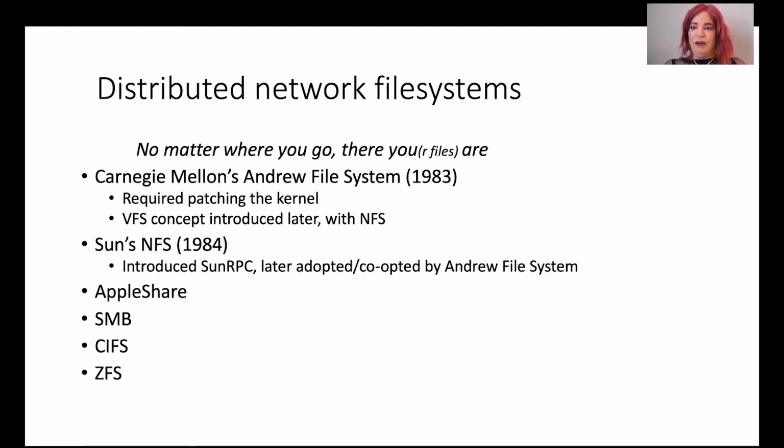And that would let you plug other file systems other than the basic local file system into your operating system kernel. AppleShare came along for Macintoshes, which weren't true Unix machines like they are now at the time. Windows got SMB, server message block, and then later CIFS. And of course, Solaris introduced the concept of ZFS, and all of these are examples of distributed file systems.